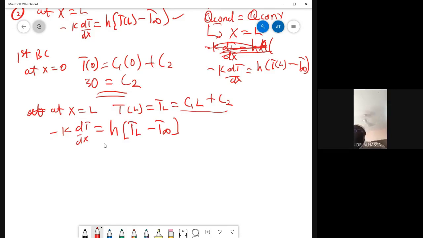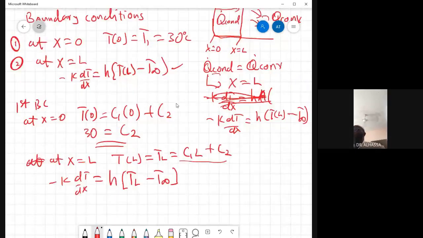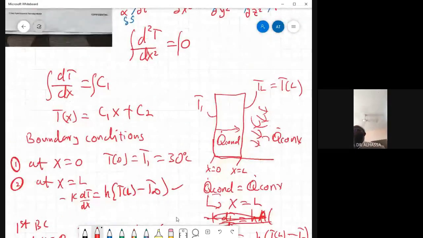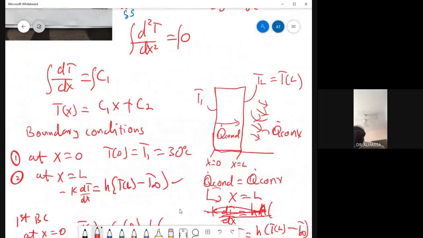Wherever we know that dT over dx, from this equation, dT over dx equals to C1. So we are going to use that.